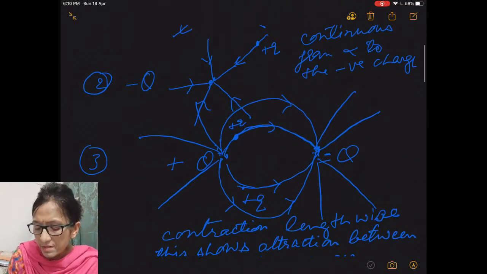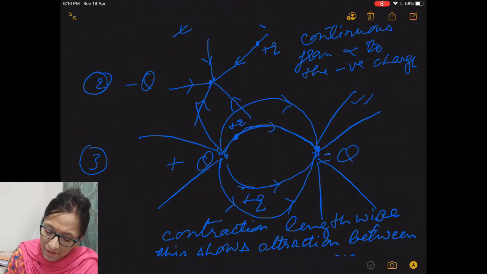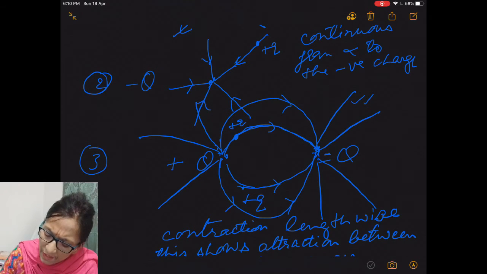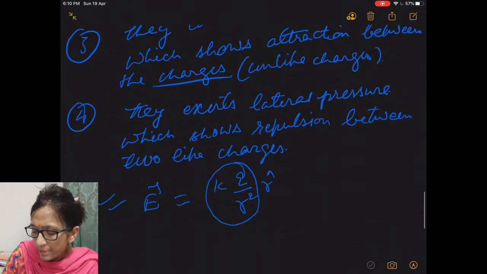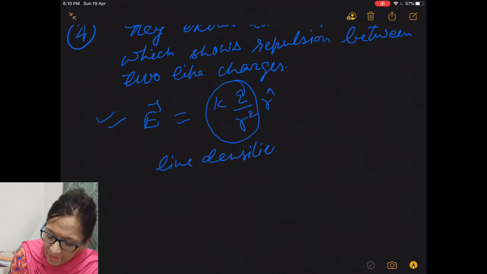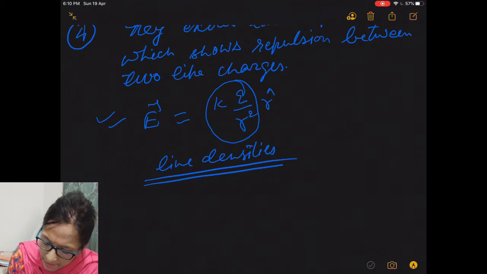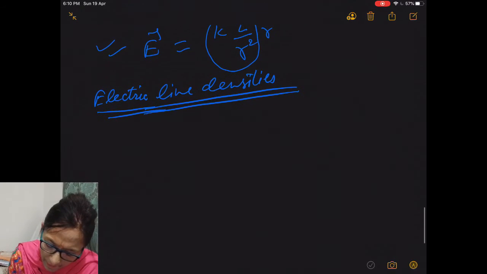So let us search for a physical quantity in this picture that is representing the electric field lines. Is there something which can give the magnitude of electric field? So let us find, there is one quantity, line densities. Let us find it. What is electric field line density?